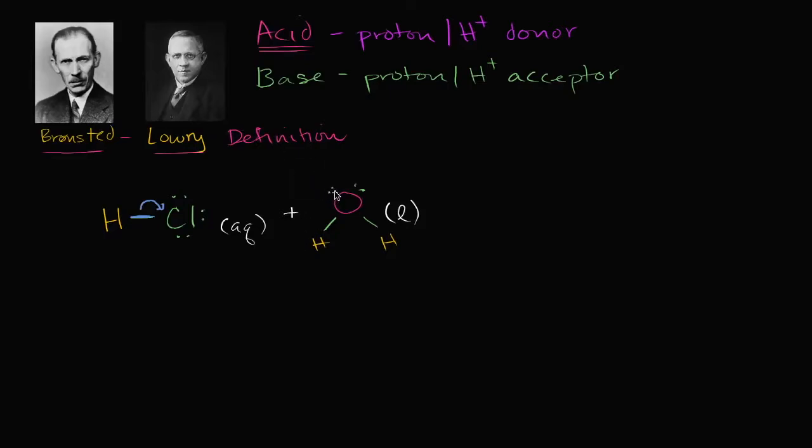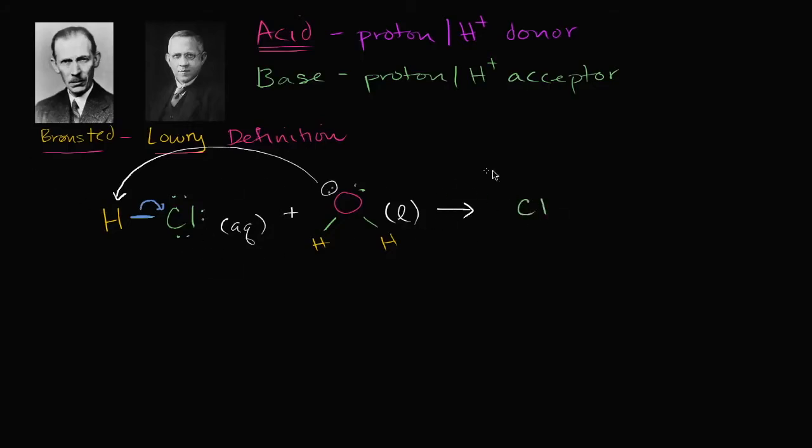So you can imagine this lone pair right over here maybe is able to form a covalent bond with this hydrogen. And so what's going to happen? I'll draw it with just an arrow because this reaction very strongly goes to the right, because this is such a strong acid.